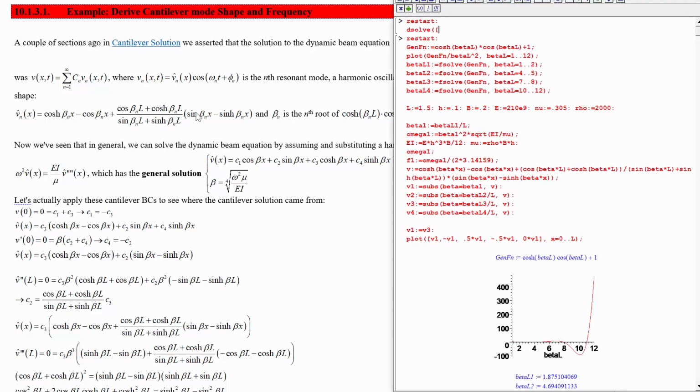So we know that if we were to substitute in a harmonic solution, then we're going to be led to this ordinary differential equation, which we can try to solve. So let's try to dsolve omega squared times v hat is equal to EI over mu times diff of v hat, v hat is going to be a function of x, with respect to x, 4 times.